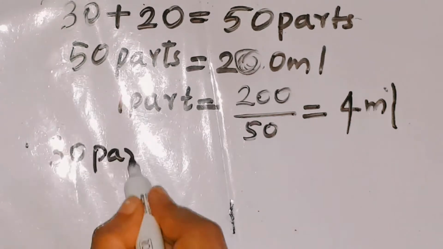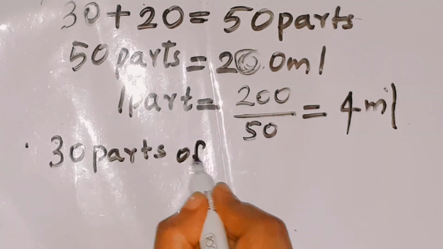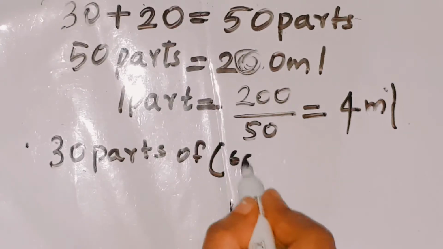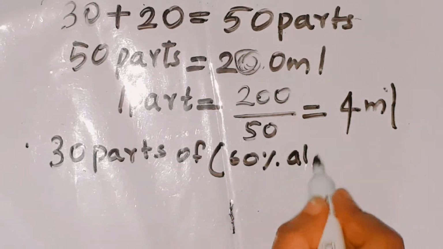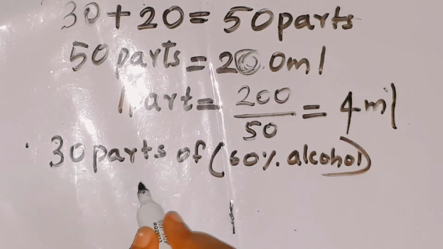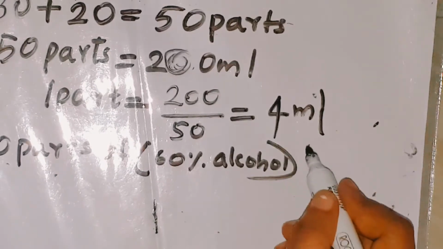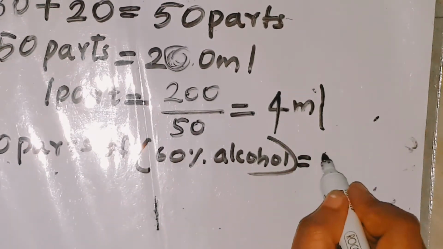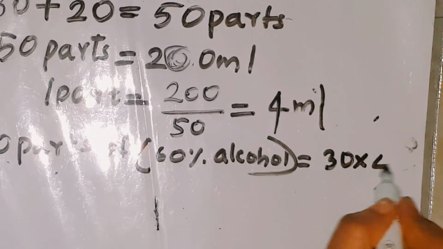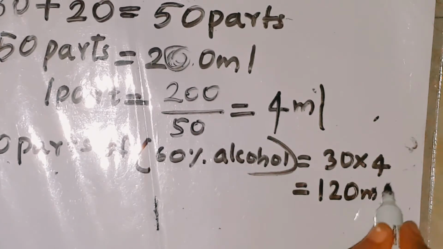And so 30 parts of 60% alcohol, as we've got from before, is equal to how much? What is one part? So 30 into 4 equals 120 ml, since one part is equal to 4 ml.